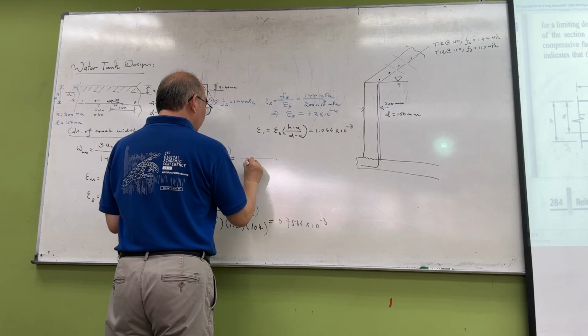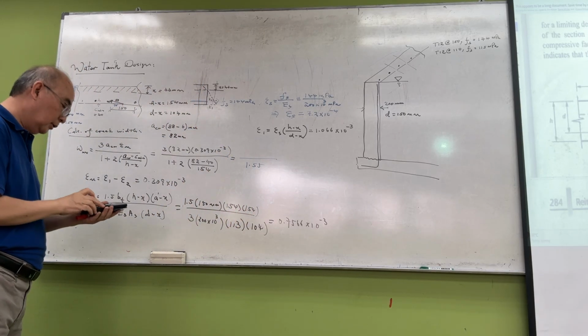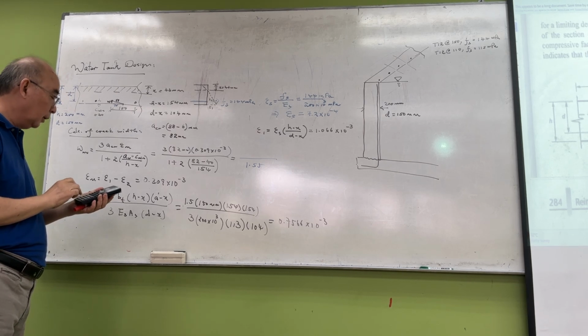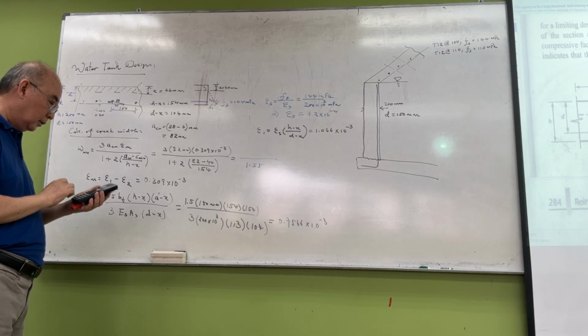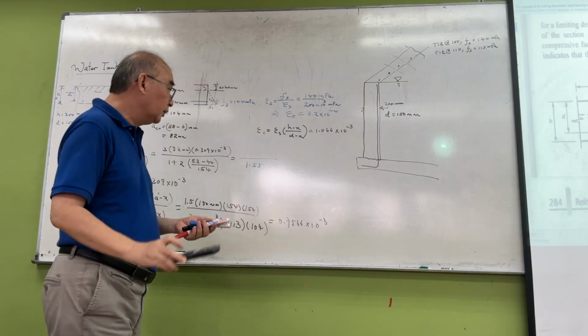Here the bottom is 1.55, and the top is 3 times 82 millimeter times 0.309, which is 0.076.